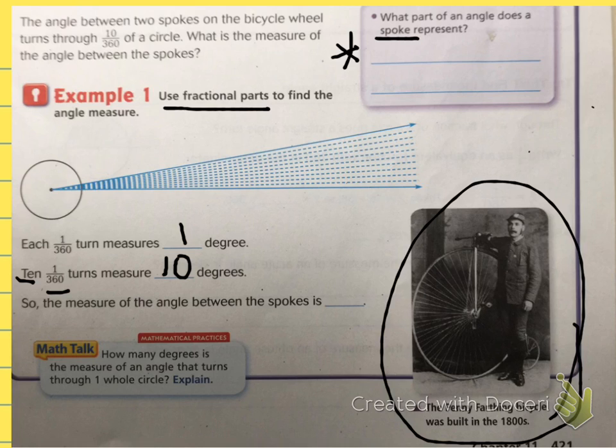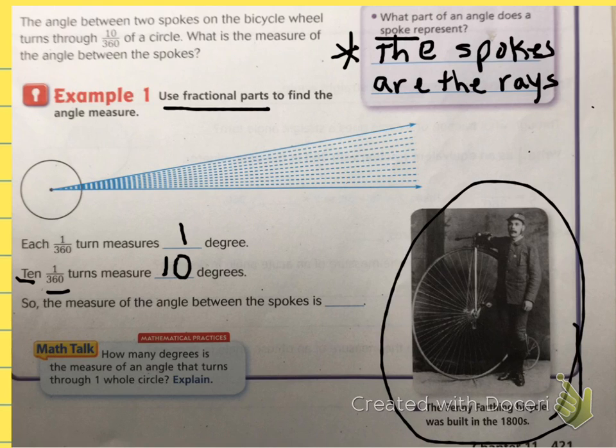You're right. The spokes represent the rays of the angle. The spokes that form the angle.